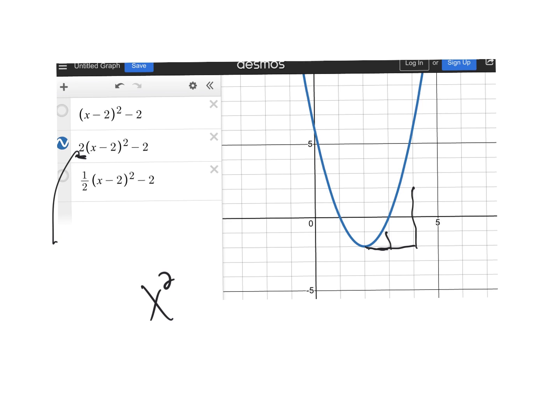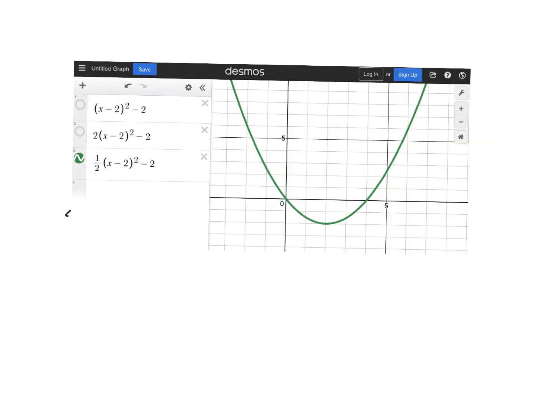So if I go over 1, I go up 2 to get to the graph. If I go over 2, it's got to go up 8 to get there. If I go over 3, I've got to go up 9 times 2 is 18. I'd have to go up here to 18. Of course, that's off the graph. So that would tell me that this has been stretched by a factor of 2. And that's the stretch factor. That's the leading coefficient, if you want.